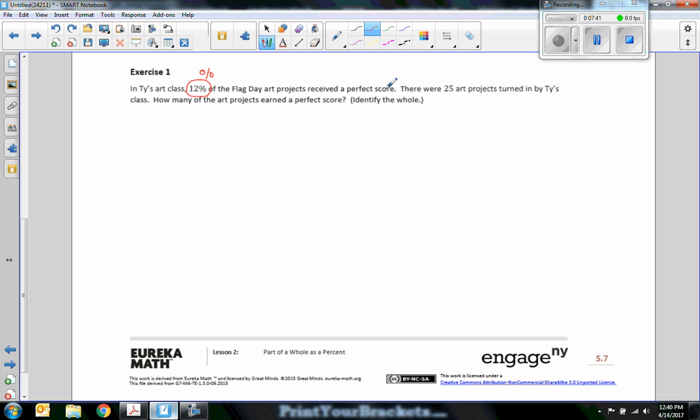Flag Day art projects, okay, there are 25, that is the whole. 25 art projects is the whole. How many art projects earned a perfect score? That is the part. So if I do part over whole equals percent over 100, the part we don't know, the whole is 25, the percent is 12.